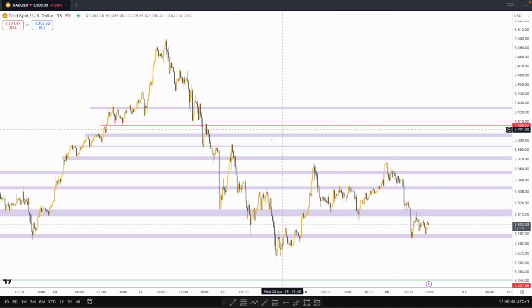Since then we have seen some consolidation, and we have now made a rough consolidation range with a top side resistance of 3,370 and a bottom side support of around 3,290. So that is our end of week technical analysis conclusion.